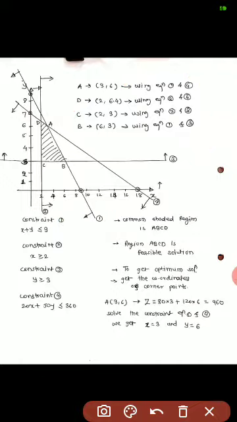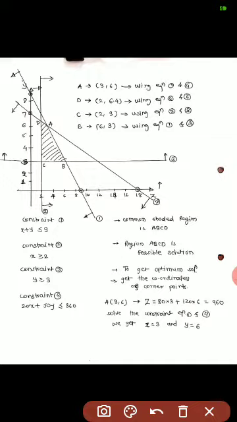So here I have the coordinates of all these 4 corner points. After getting the coordinates of all the corner points, we have to find the objective function for all the corner points, and we have to select the one point which gives the maximum profit, and that is our optimum solution.